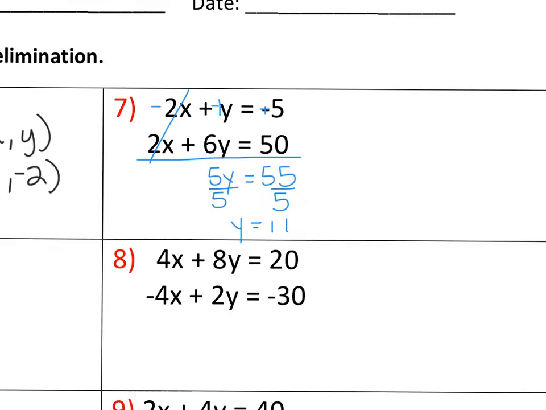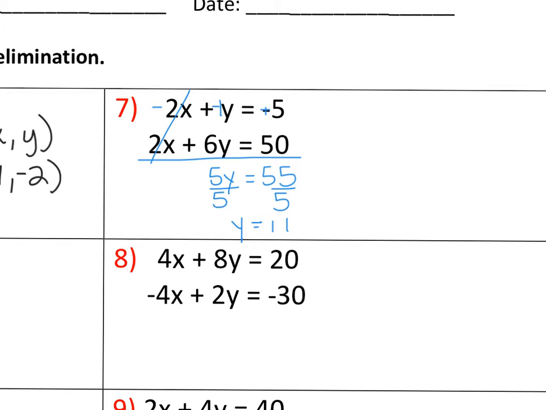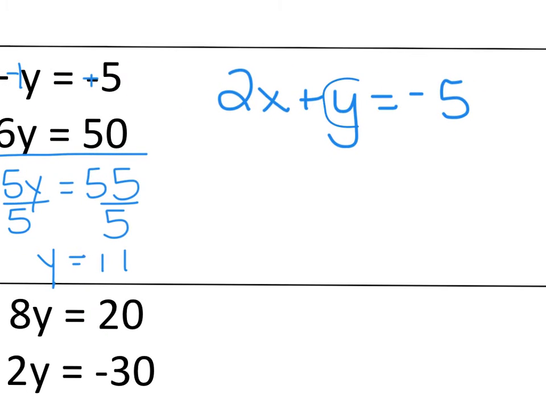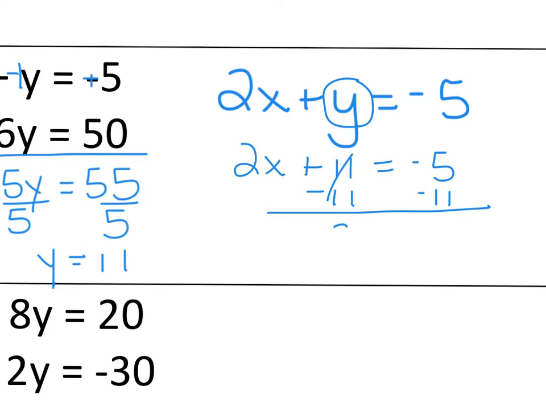Okay, I found my y value, so now I need to find my x. So I'm going to take the top equation because it's smaller, and instead of the y right here, I'm going to plug in the 11 that I just found. Plus 11 equals -5. Minus 11 on both sides. So 2x equals -16.